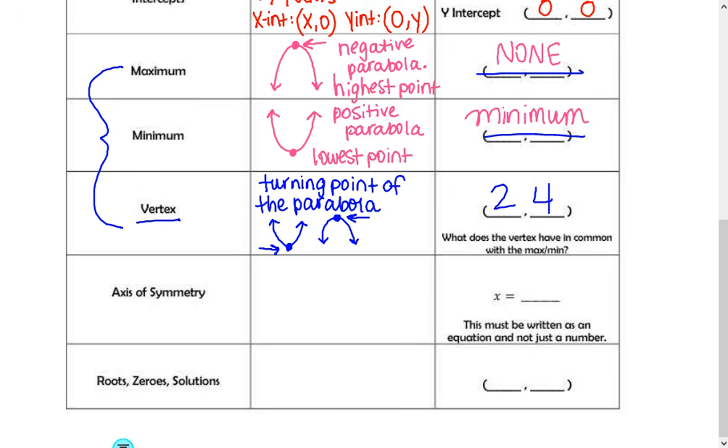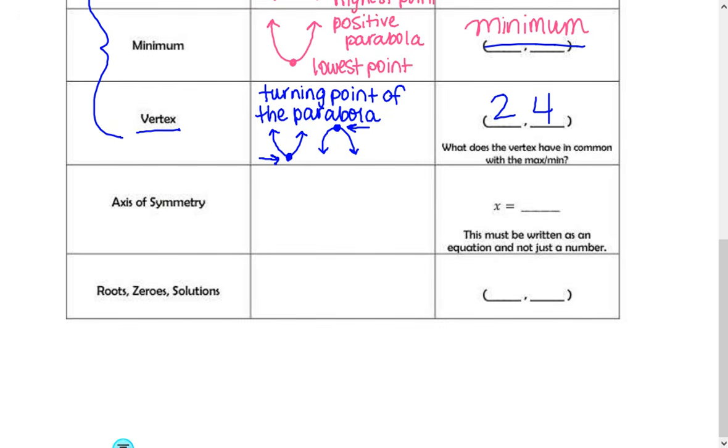So that was that little dashed line that we drew down our parabola. So here is the axis of symmetry. All right, and it cuts right through the vertex. So this divides the parabola in half. And we do describe it as a vertical line, so you should be thinking vux.